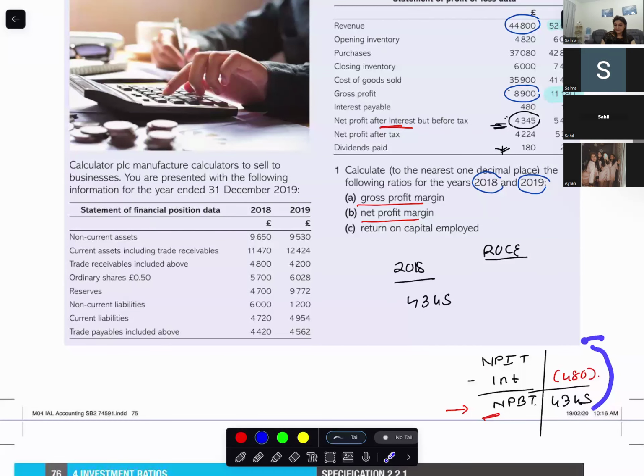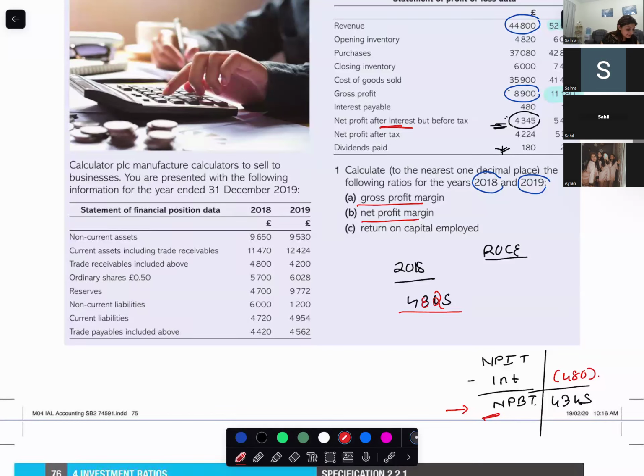But where did you get 480 from? Interest payable is your interest. Okay, the interest is given over there. So 4345 plus 480 is 4825.